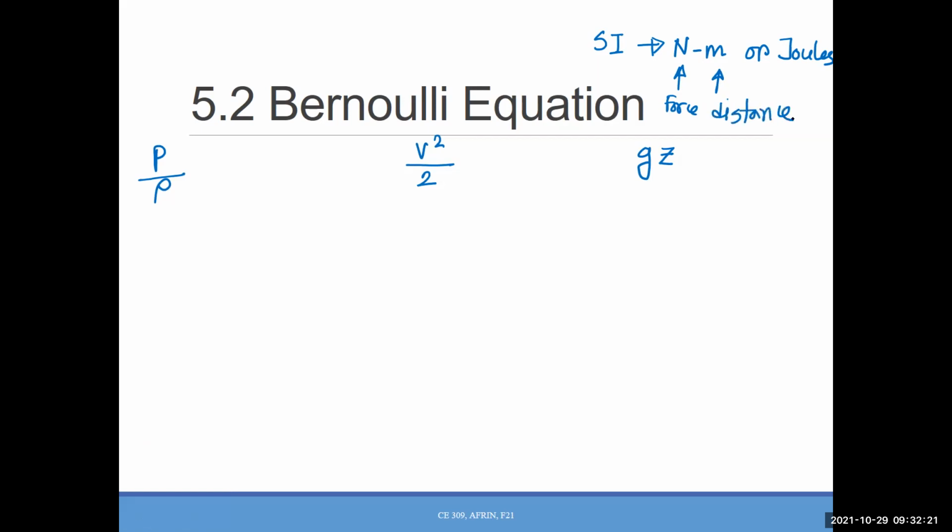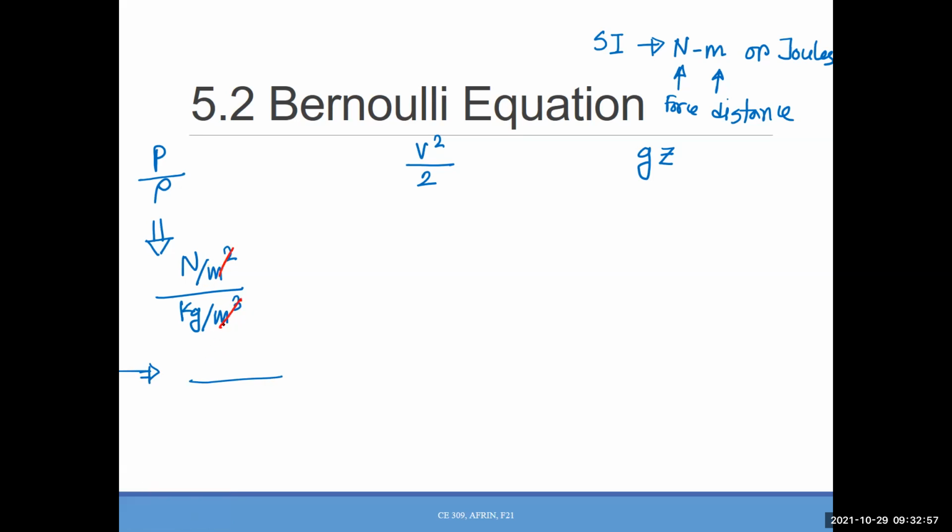Okay, so what is the unit for P in the SI system? Pascal or Newton over meter square, right? And for rho, it's kg over meter cube. So for what we have here, meter square, meter cube.